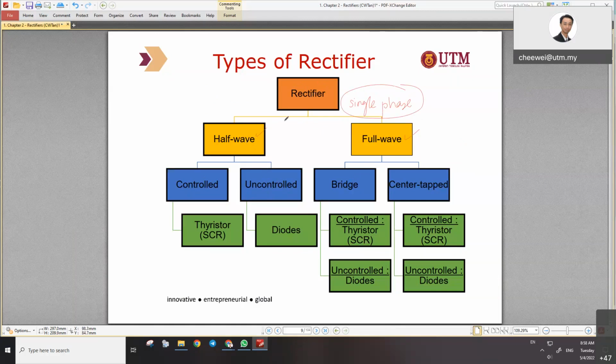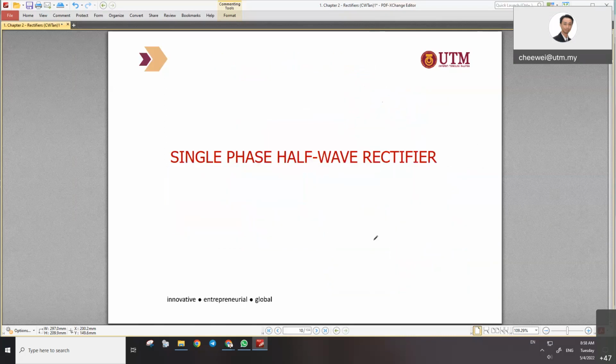For single phase, you have half wave, full wave, controlled using SCR, uncontrolled using diode. Something like this. For full wave, we have two types. One is by using bridge type, another one is by using center tapped. Okay, we'll come to here later. It just gives you a picture of how many types of rectifiers may appear in your test or final exam.